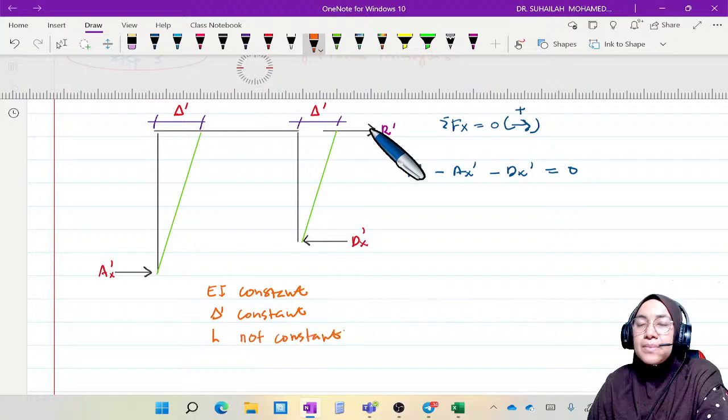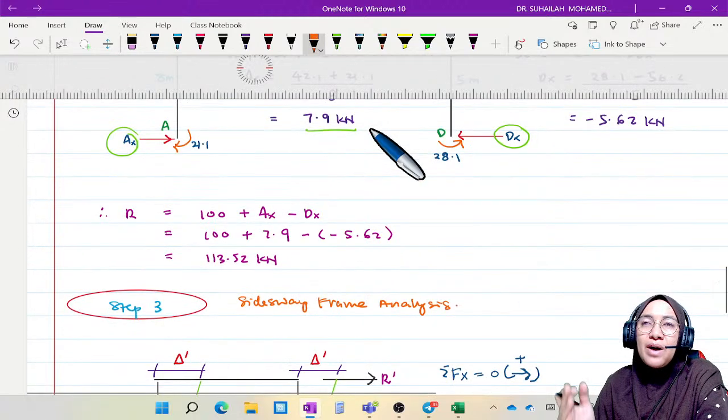So what we need to do is apply the FEM formula for one column, and find the FEM for the other column.